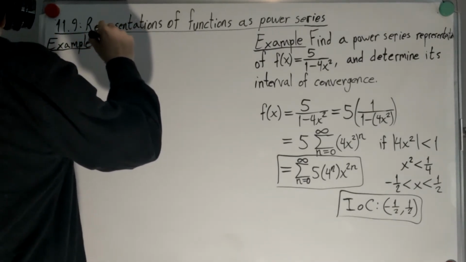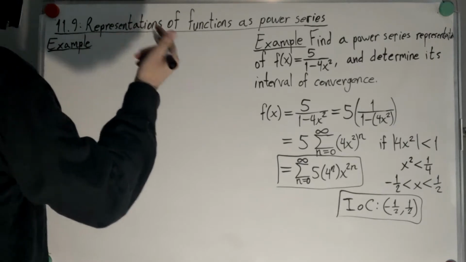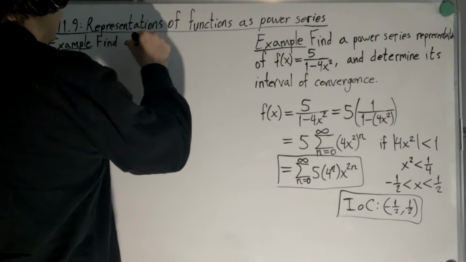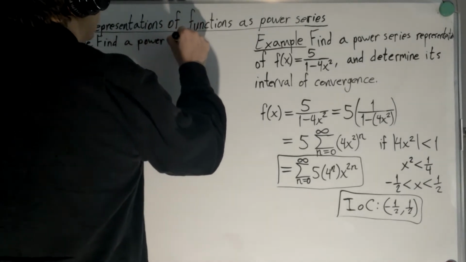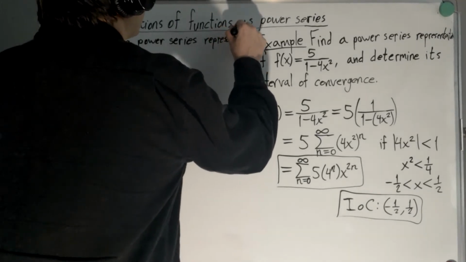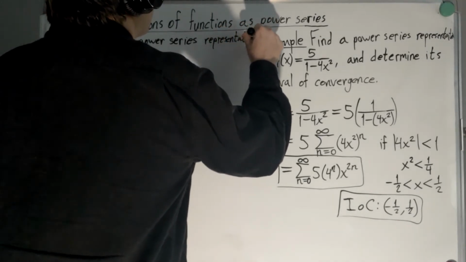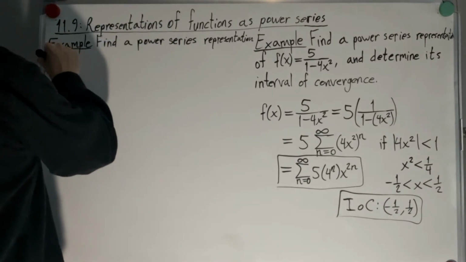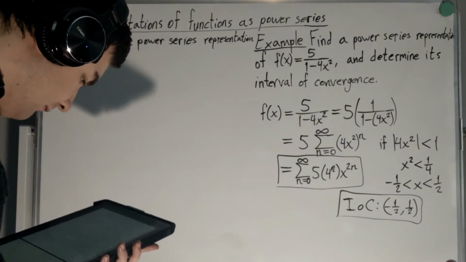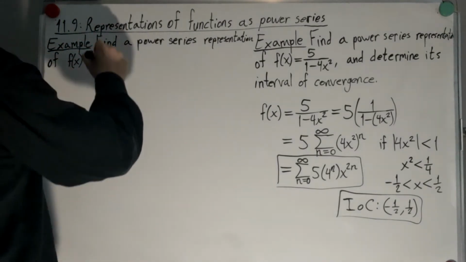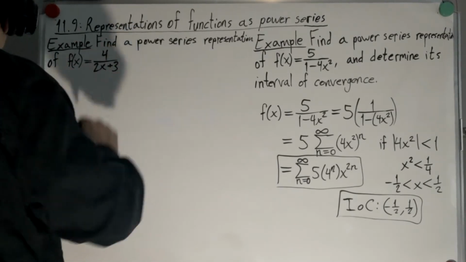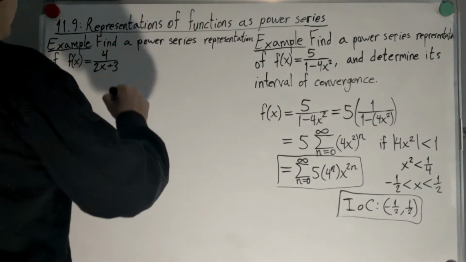This one is saying find a power series representation of f of x equals 4 over 2x plus 3, and determine its interval of convergence.